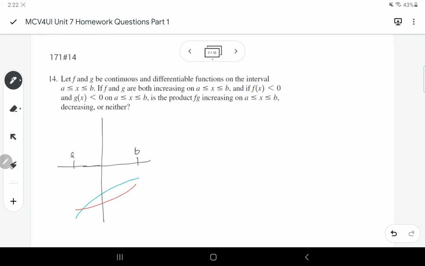Looking at this, we would have that f at x1 is less than f at x2 for x1 less than x2, and also g at x1 is less than g at x2 for x1 less than x2.